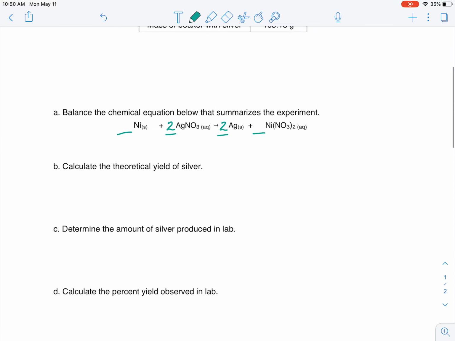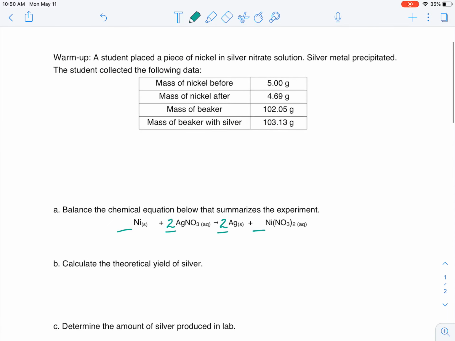All right, so step 2, we're going to calculate the theoretical yield of silver. This is going to be a multi-step stoichiometry problem, and we're going to start with the amount of nickel that reacts.